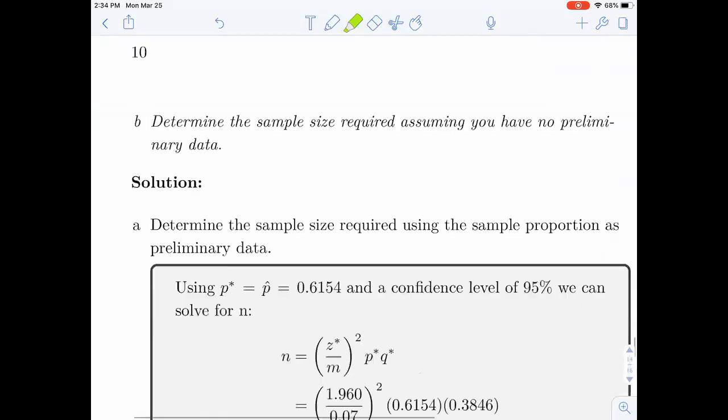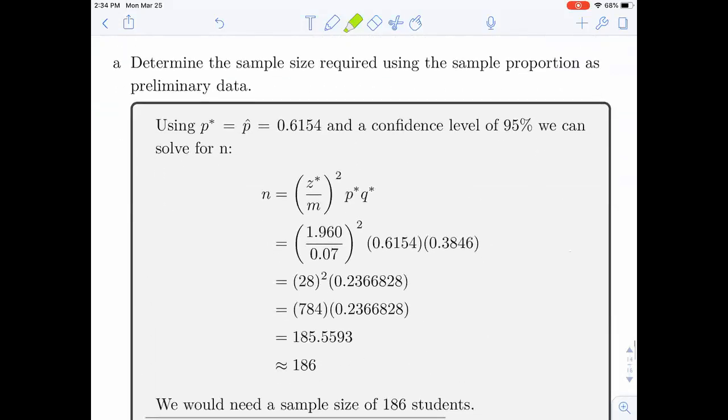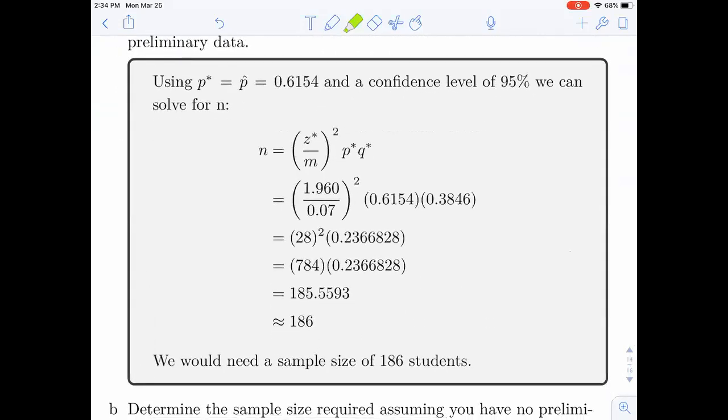So these ones are typed up. If you're using your sample proportion as the preliminary data, then your P star becomes your P hat, which is 0.6154, right? We're pretending to know something about this population that we're sampling from.